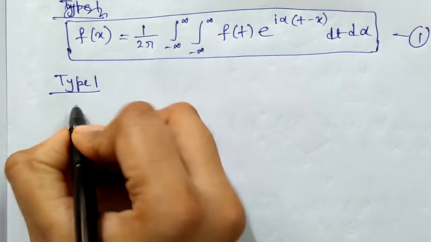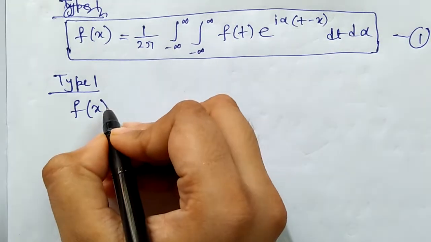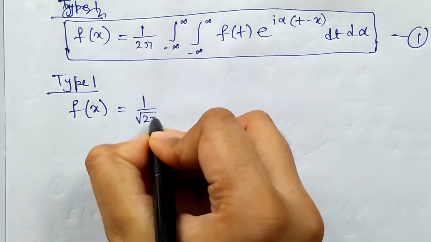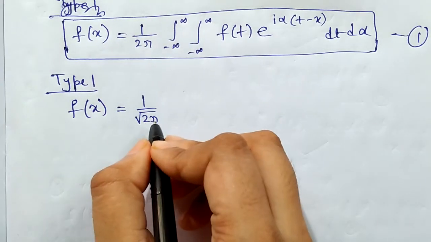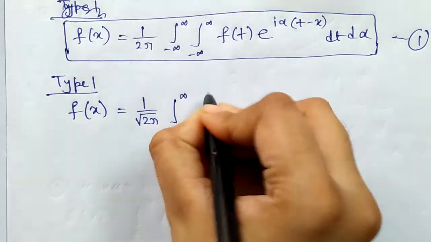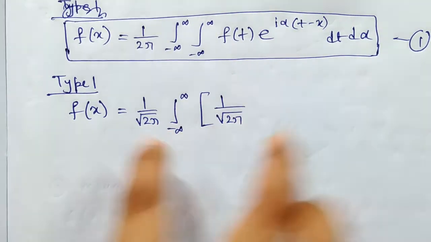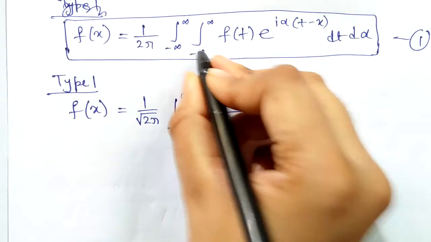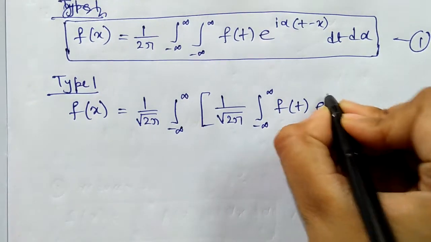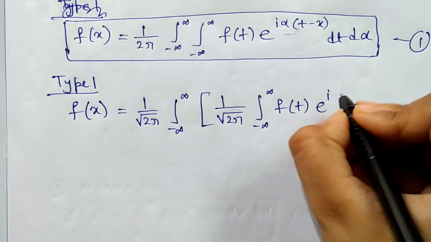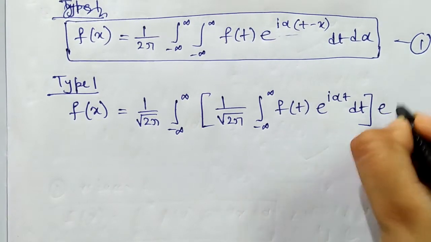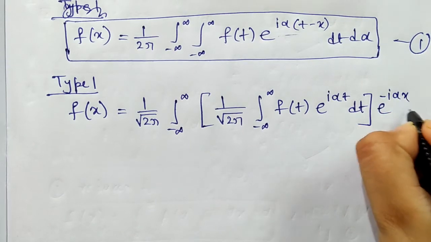Now type 1: here f(x) is written as 1 by root over 2 pi, splitting the 2 pi into two terms, root over 2 pi, integration minus infinity to infinity, 1 by root over 2 pi. Next, the remaining part: integration minus infinity to infinity, f(t) e to the power i alpha t dt, splitting this again, times e to the power minus i alpha x d alpha.